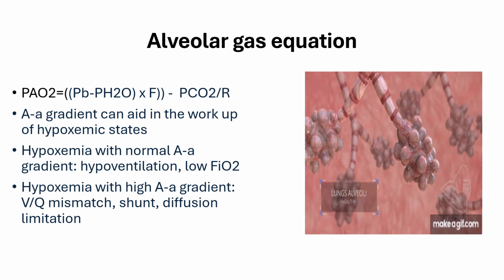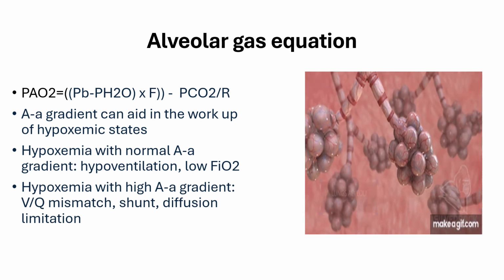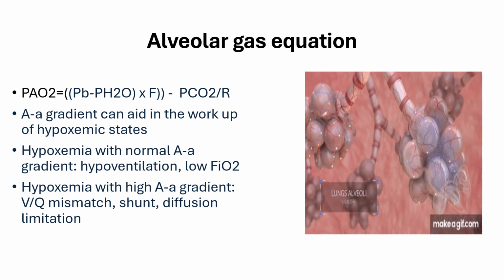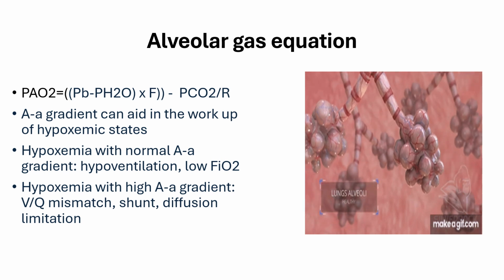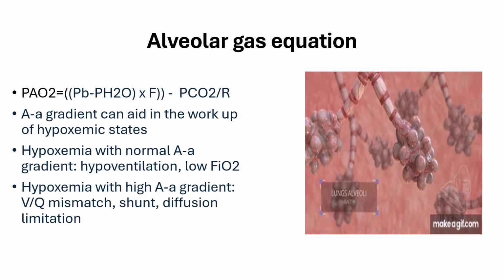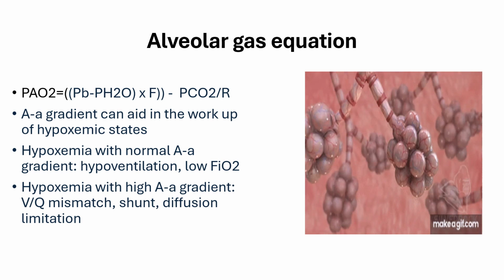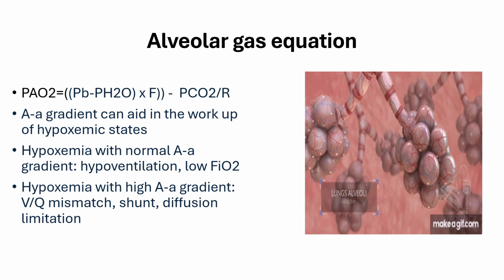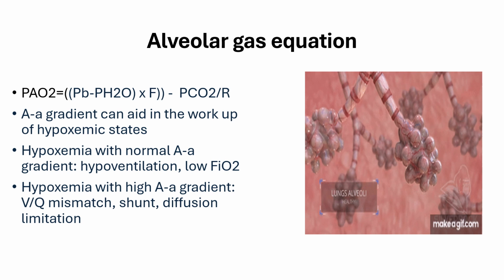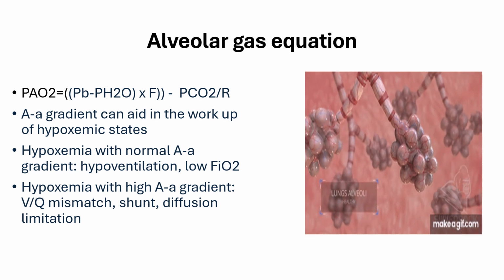For example, let's assume we're seeing a 100-year-old patient who is otherwise healthy, and we want to know his normal age-adjusted AA gradient. So the formula is 2.5 plus 0.21 times 100, which is 21 plus 2.5, which equals 23.5, the age-adjusted AA gradient for a 100-year-old patient.